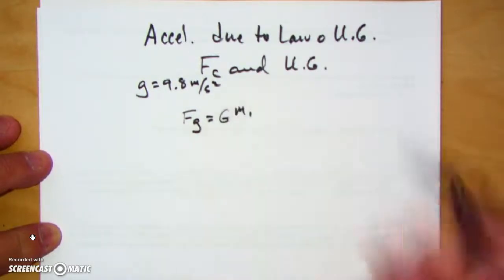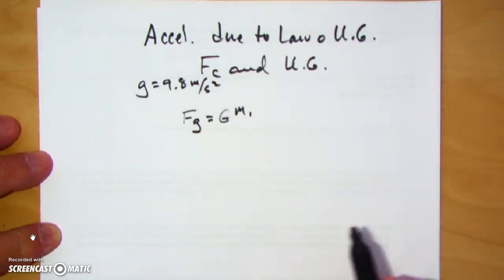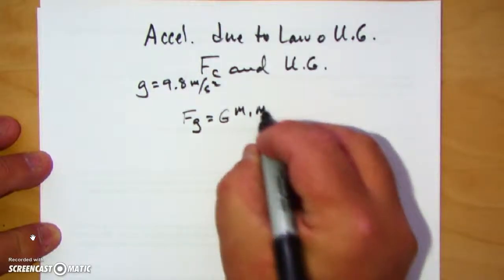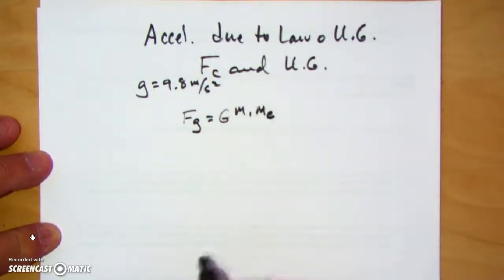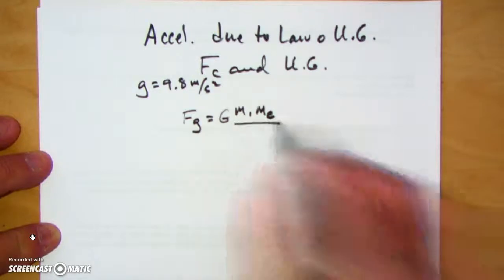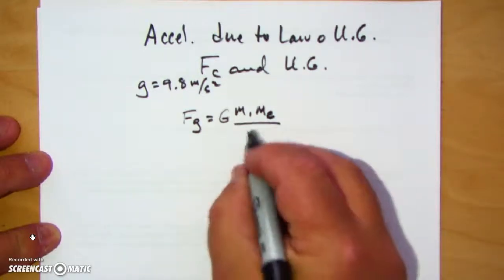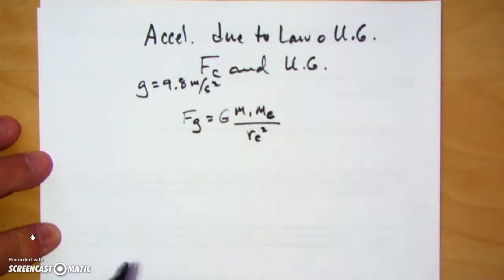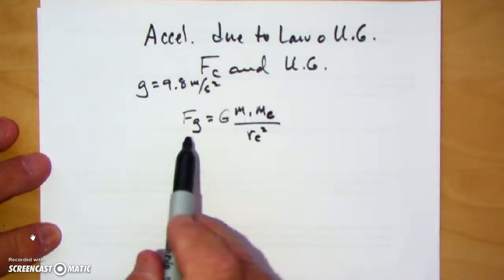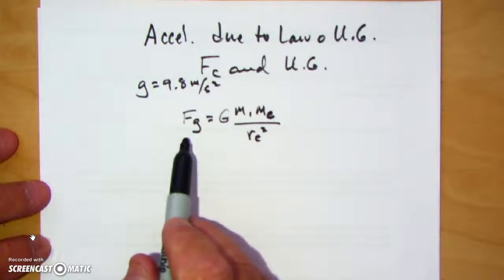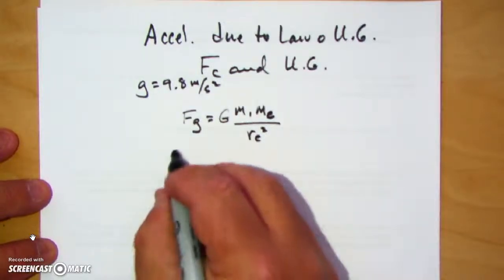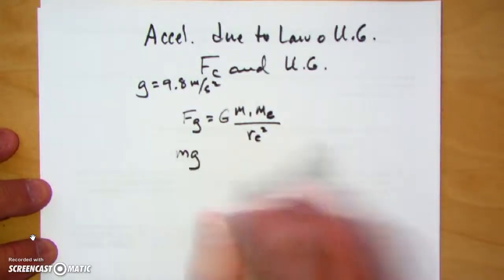G m1, well, that'd be the mass of the object. The other thing in contact when we're talking weight is the mass of the Earth, and this would be the radius of the Earth squared. Now, here's a key thing we understand: we know Fg, the force of gravity, well, we've also been using all along mg for that.